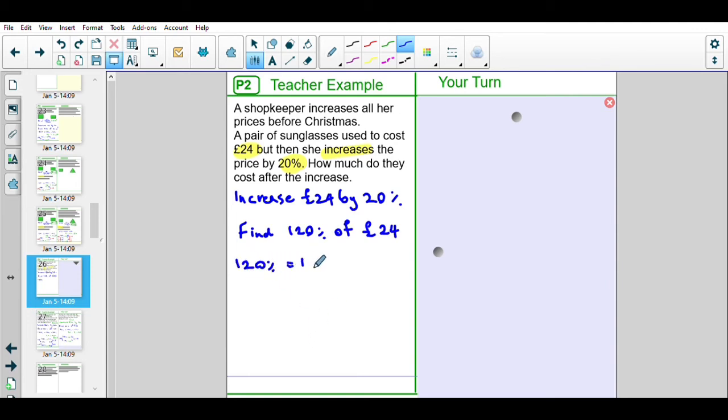120% is 100% added to 20%. We know what is 100%, that is our original amount. Let's find the 20%.